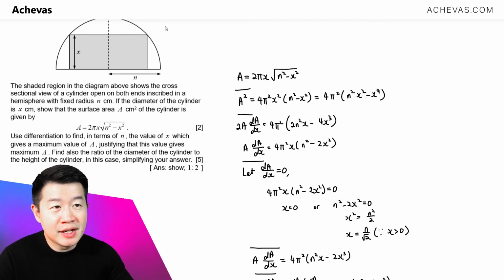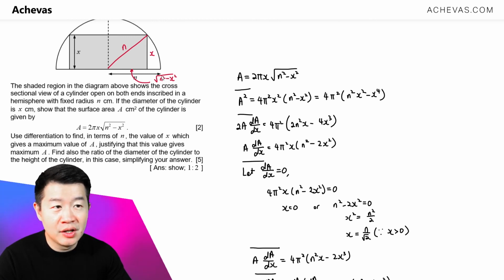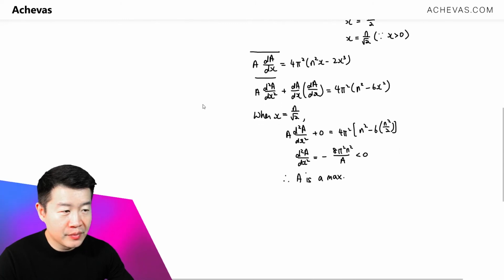And from what we have discussed just now in the previous part, this here is n and here is x. So this portion here, by using the Pythagoras theorem, is going to be square root of n² minus x². So the height is going to be 2 times of this. Okay, 2 times of square root of n² minus x².